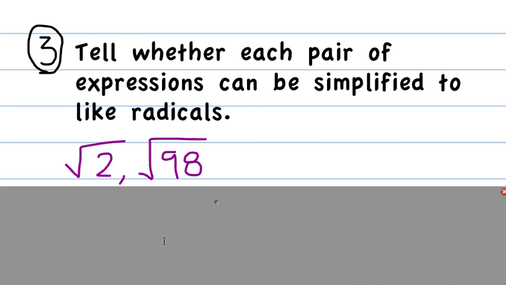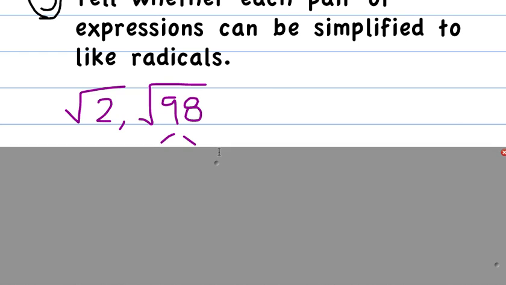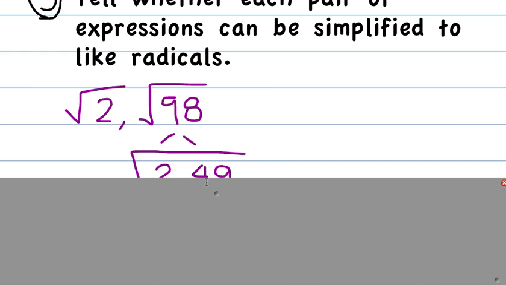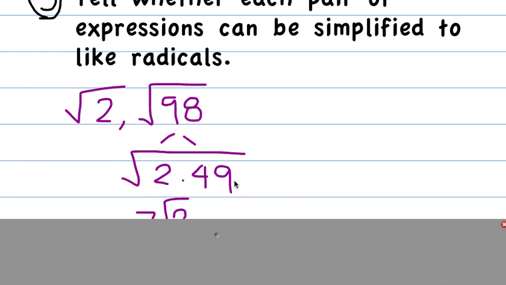Three says, tell whether each pair of expressions can be simplified to like radicals. So we see that the square root of 2 can't be simplified anymore, so our goal is to see if we can simplify the square root of 98 into a multiple of the square root of 2. Right away you can see, or hopefully you can see, that 98 is 2 times 49.